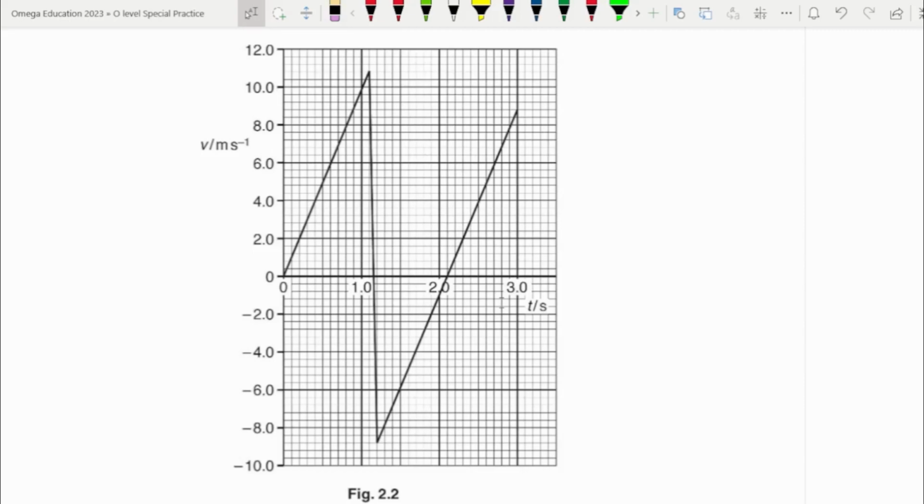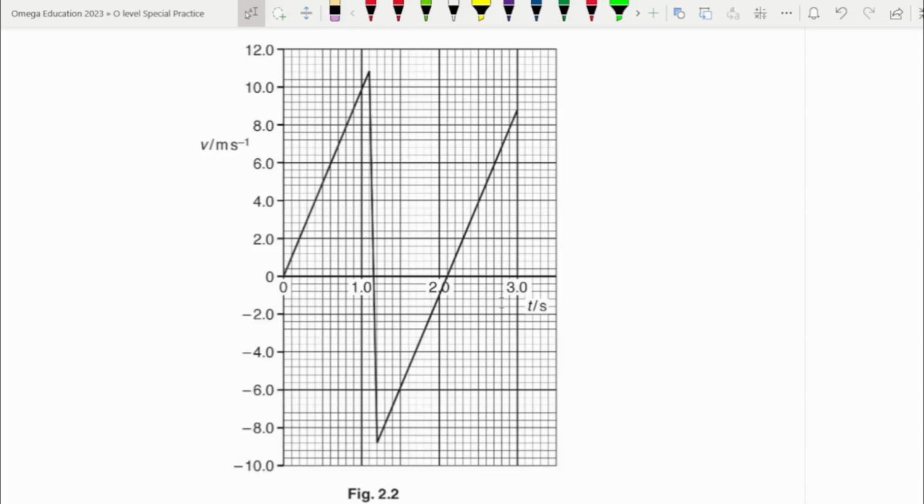In matter of fact, this graph is a very useful tool in order to explain the vertical motion of a bouncing ball, how the velocity varies with time, and what should be the control factors.